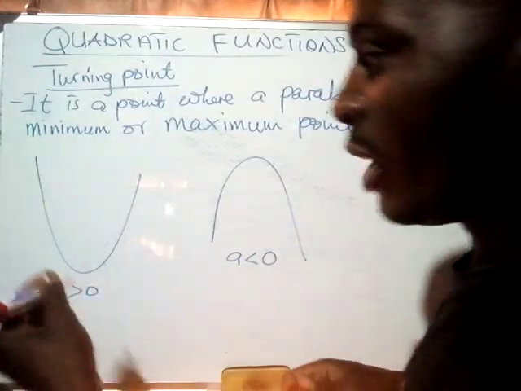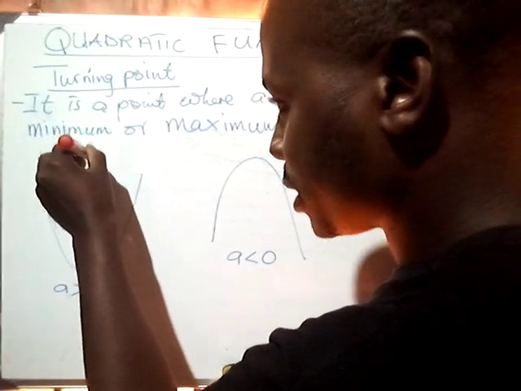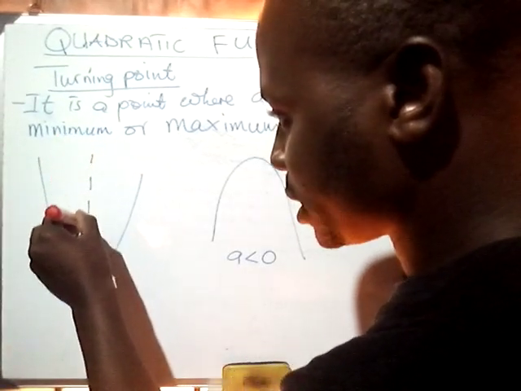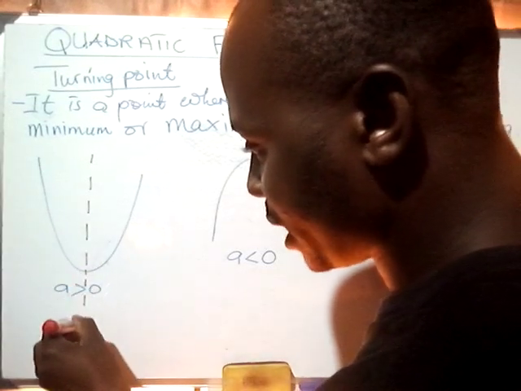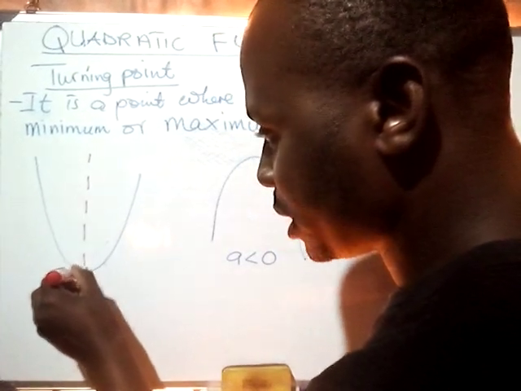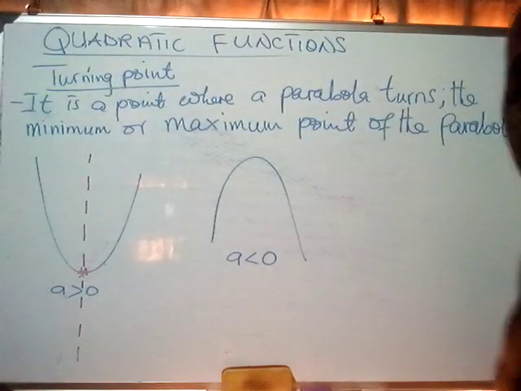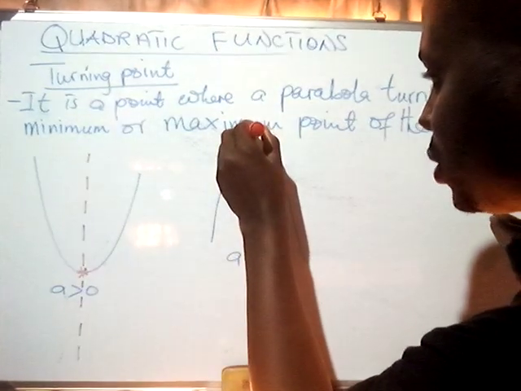So, where is this parabola turning? It is turning at this point, and that point is known as the turning point. What about this one?